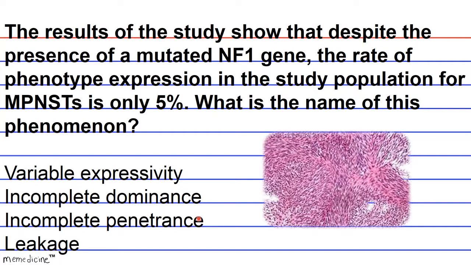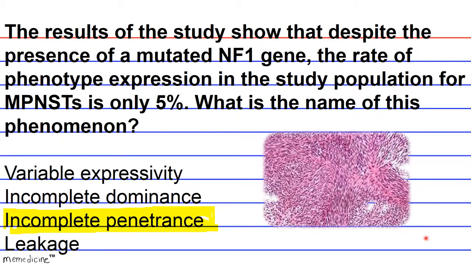And expressivity definitely differs from penetrance because penetrance describes the probability or the frequency with which that genetic variation or allele will yield a phenotype at all. So I've said it a lot and I've repeated myself a few times. Therefore, the correct answer choice is going to be incomplete penetrance, because the rate of phenotype expression is basically less than 100%.